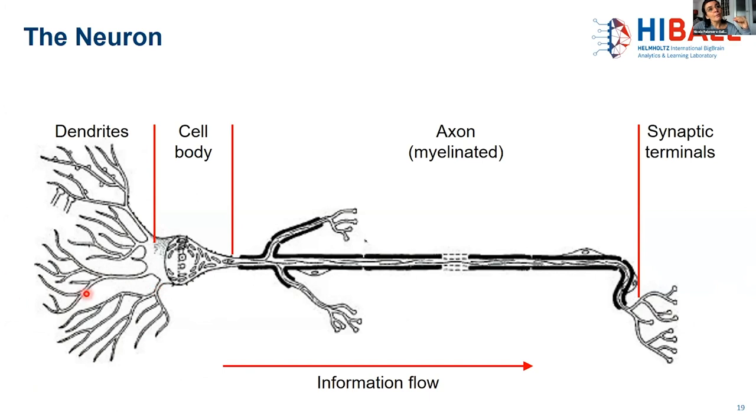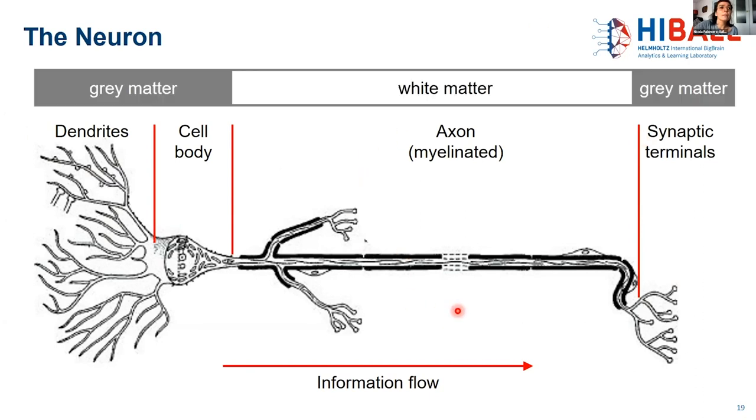The information then travels through the dendrites to the cell body and then along the axon, where these synaptic terminals can then make contact with other neurons, okay? And that's the way information is passed on in the brain. And the thing is that the dendrites and the cell body and the synaptic terminals are located within the gray matter of the brain, whereas the axon is located in the white matter of the brain.